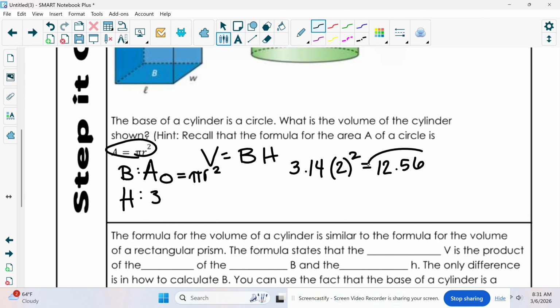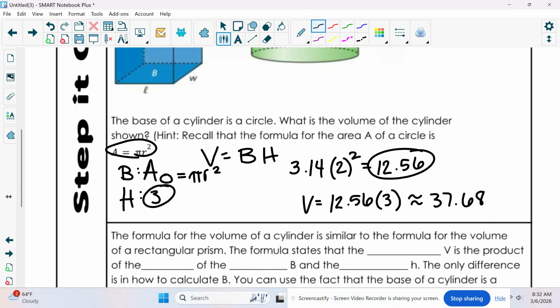So I've got 12.56 and 3. What do I do with those two numbers? Multiply them together. So my volume equals 12 and 56 hundredths times 3, which is about 37.68. But because we're talking about volume, remember volume is packed with little cubes instead of squares, so we cube it.